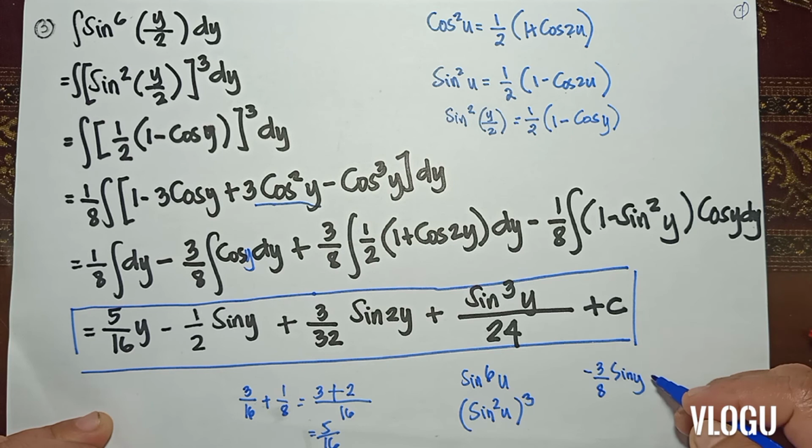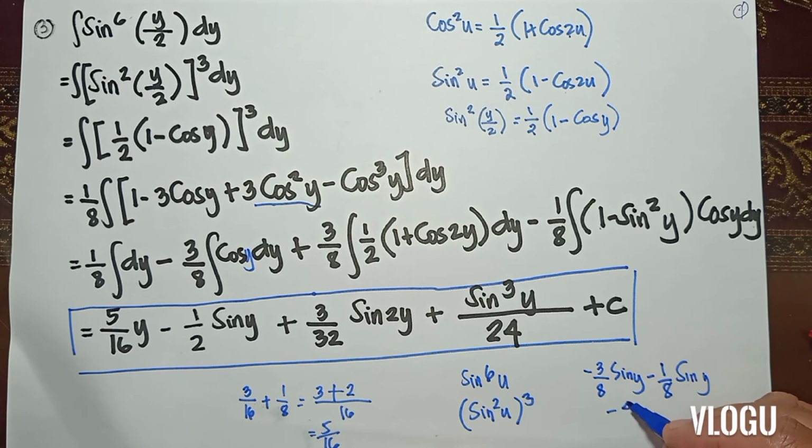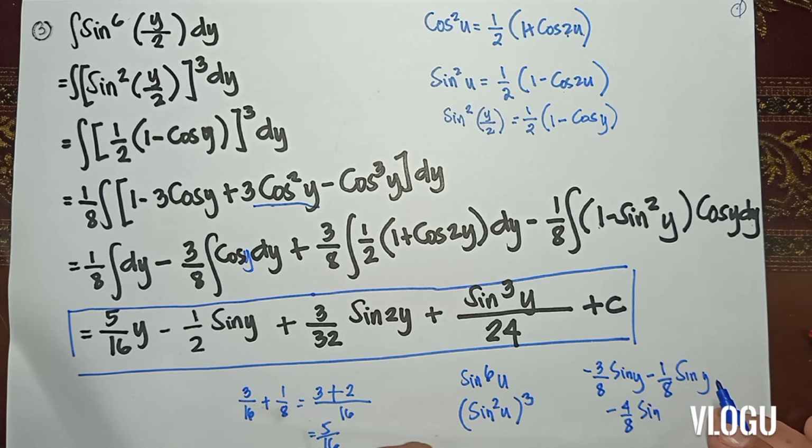Then here you will have minus 1/8 sine y. So that's the reason you will have negative 3/8 minus 1/8, negative 4/8, which is equivalent to negative 1/2 sine y.